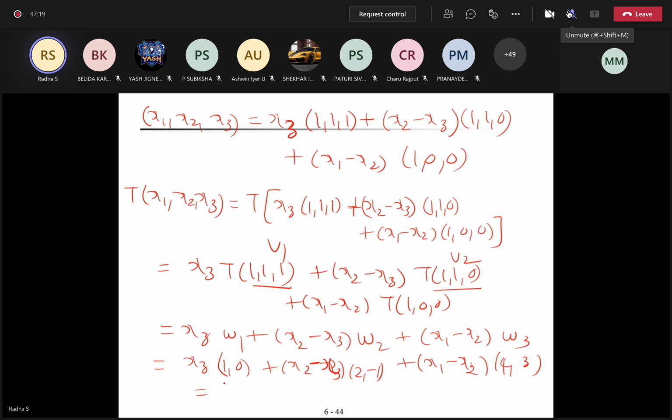Evaluate this. Collect all the x coordinates: x3 plus 2 times (x2 minus x3) plus 4 times (x1 minus x2). Y coordinate: here 0, here minus (x2 minus x3), plus 3 times (x1 minus x2). Just simplify this.